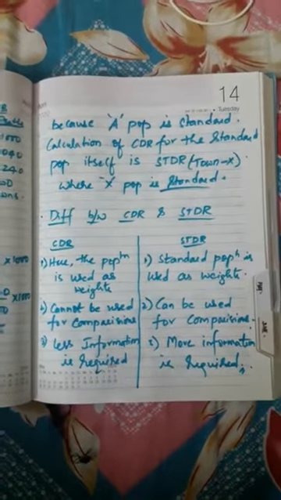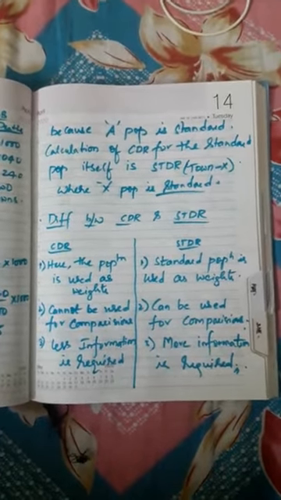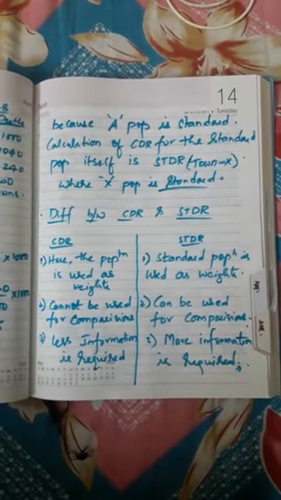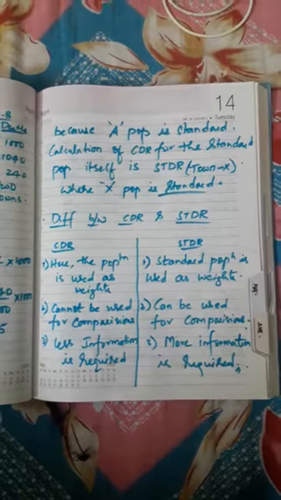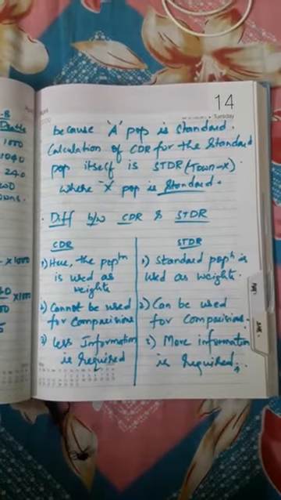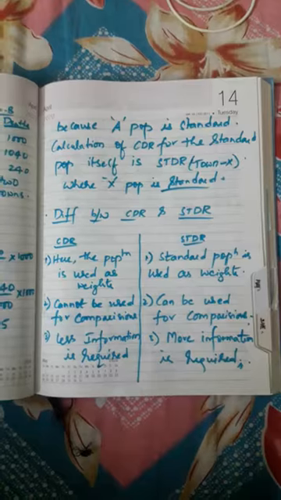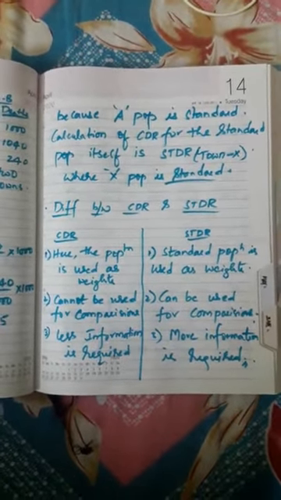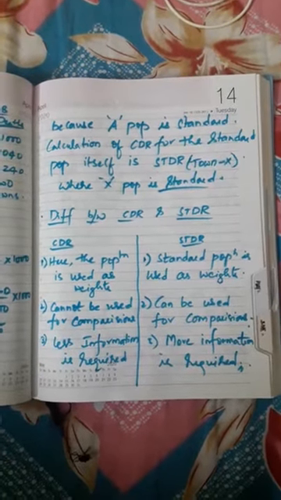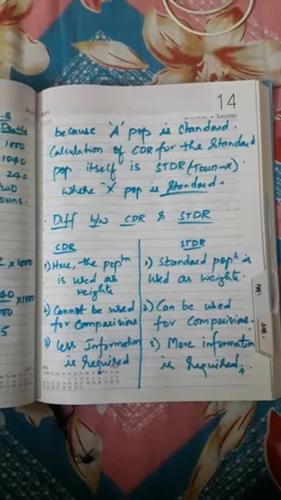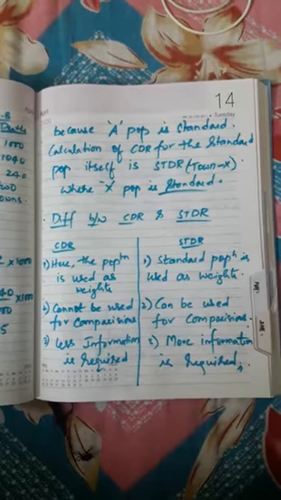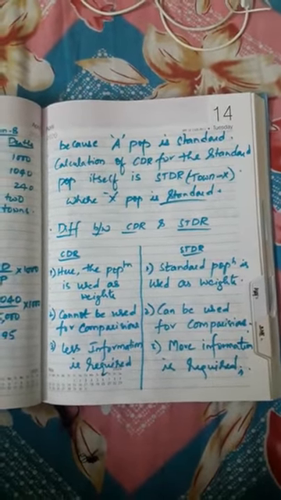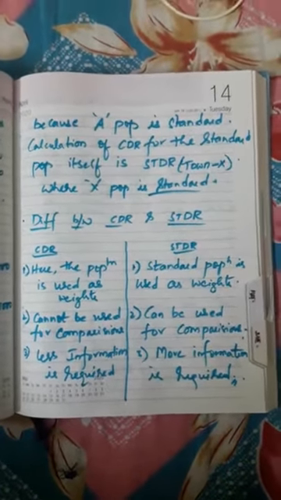So every piece of information is considered in STDR. That's the reason it can be used for comparisons. Among all the 3, CDR, ASDR and STDR, one and only method, STDR, has a chance of comparing the death rates of 2 or more populations, because it considers age, individual specific death rate, and standard population as weights. At the same time, it decides the conclusion of which city is healthier or not.